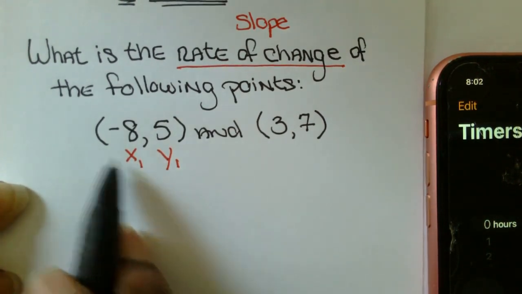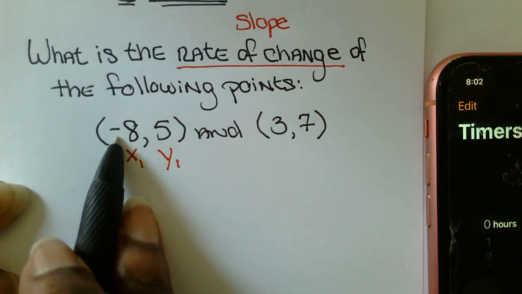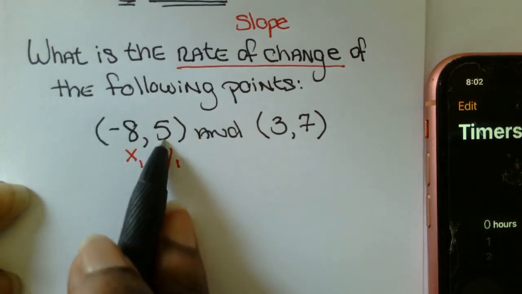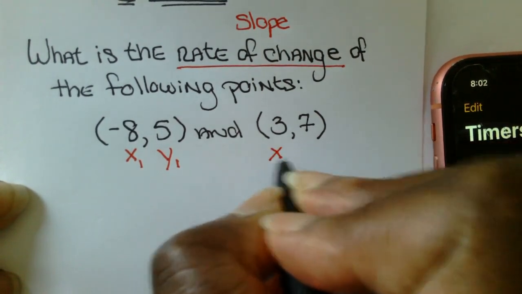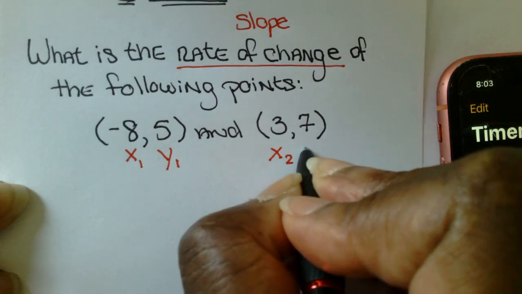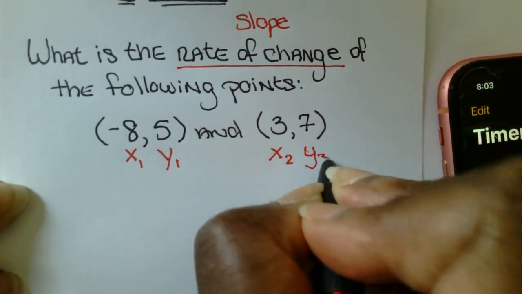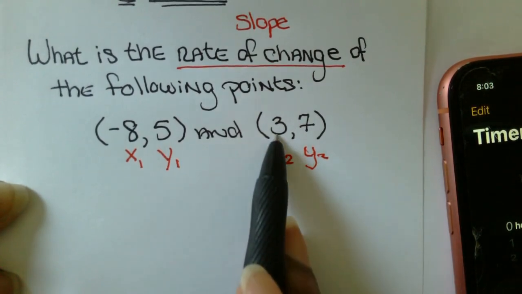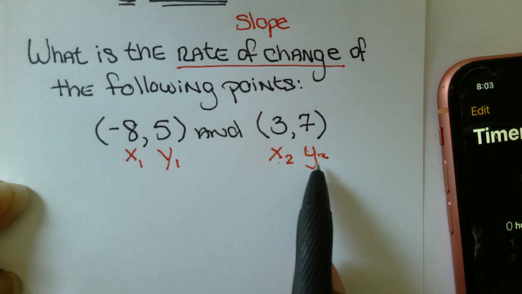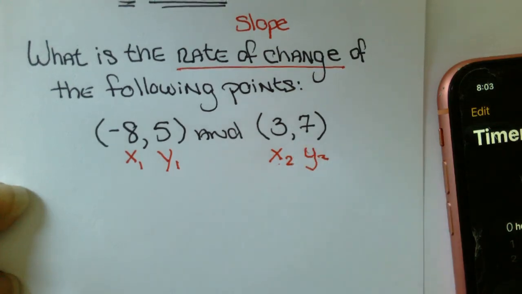So the first point, x is -8, and the first point, y is 5. For the second point, I'm going to put the subscript of 2. So the x-coordinate of the second point is 3, and the y of the second point is 7.